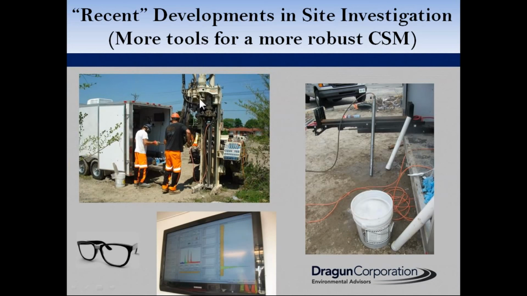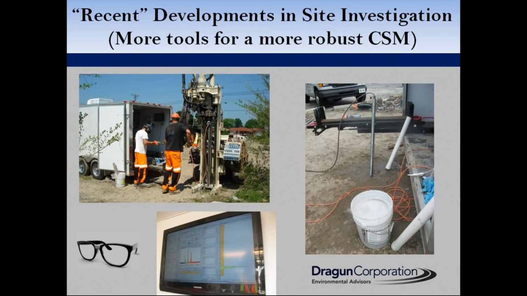So this is another site where we were using MIP, and you can see they've got their GeoProbe here with rods that actually have a cable going through them. That cable allows the MIP probe, which is down here, and it's got a carrier gas in it and an opening to the subsurface.